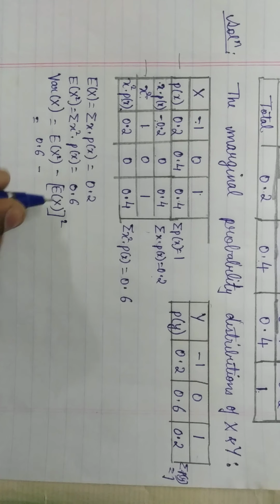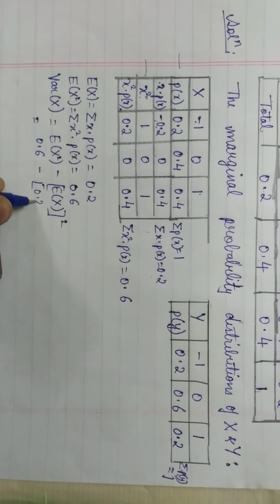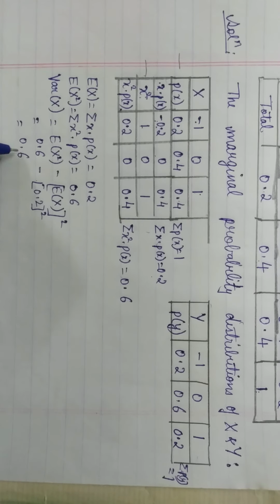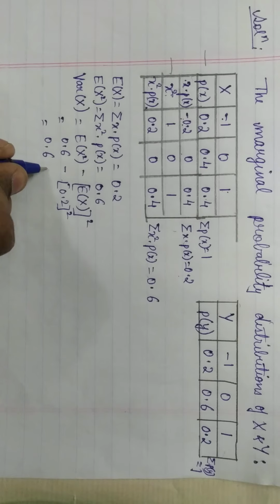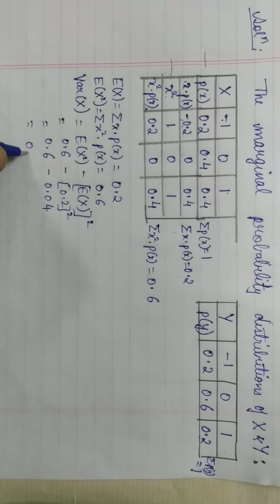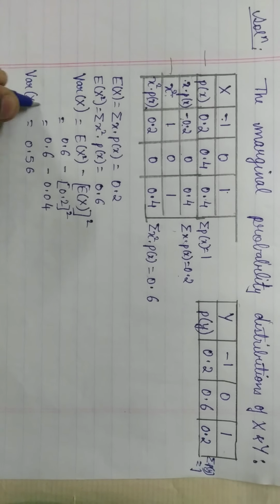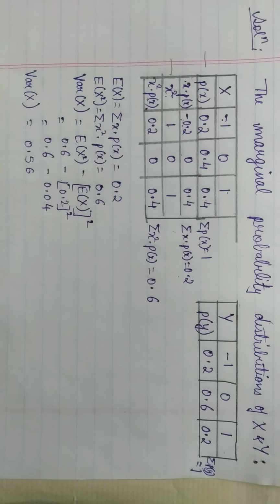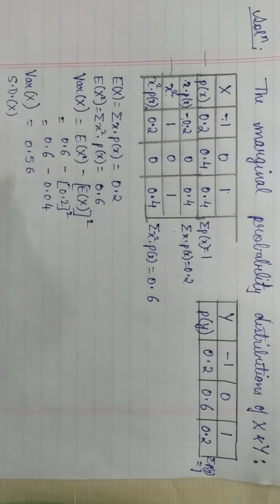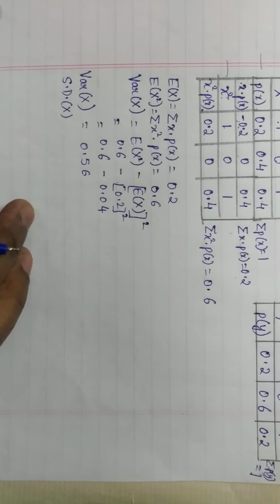E of x is 0.2, squared. So it is 0.6 minus 0.04, which is equal to 0.56. So variance of x is nothing but 0.56. Now what is standard deviation of x? Standard deviation of x is nothing but the square root of variance of x.